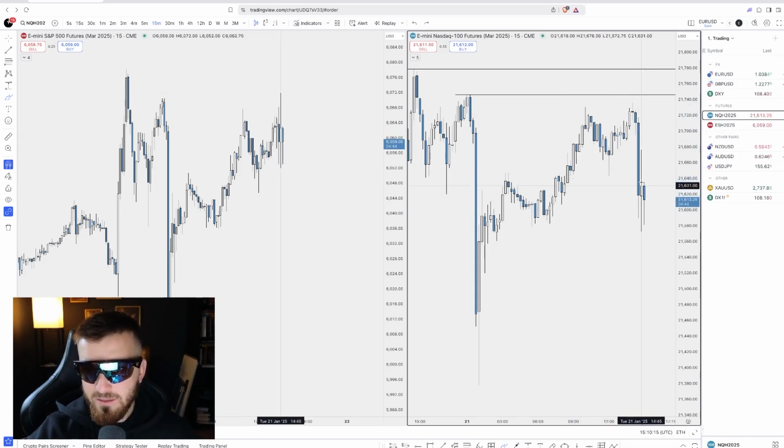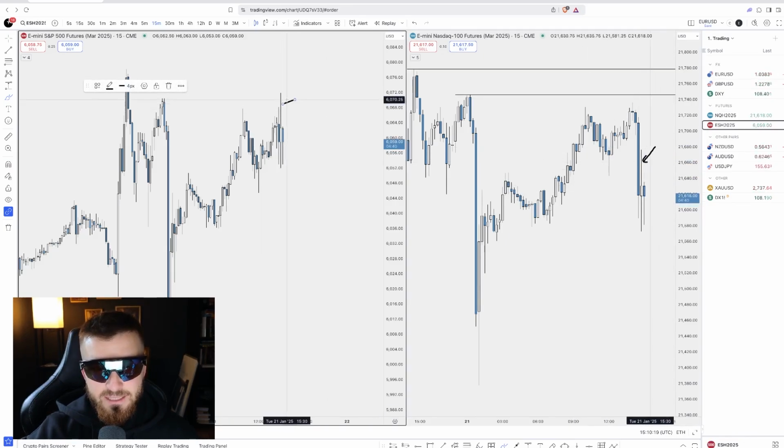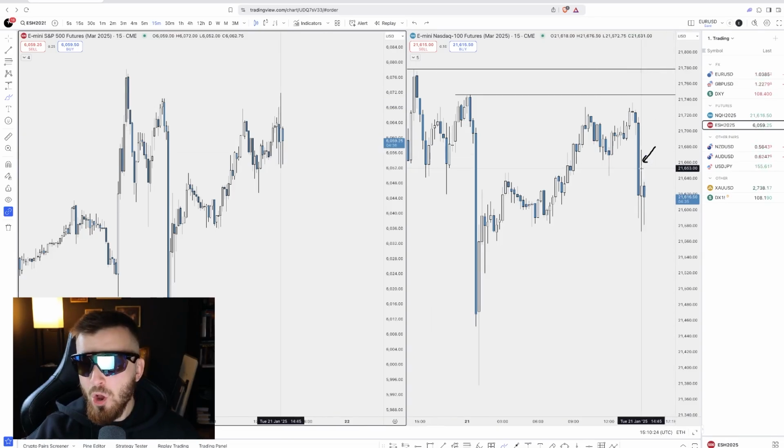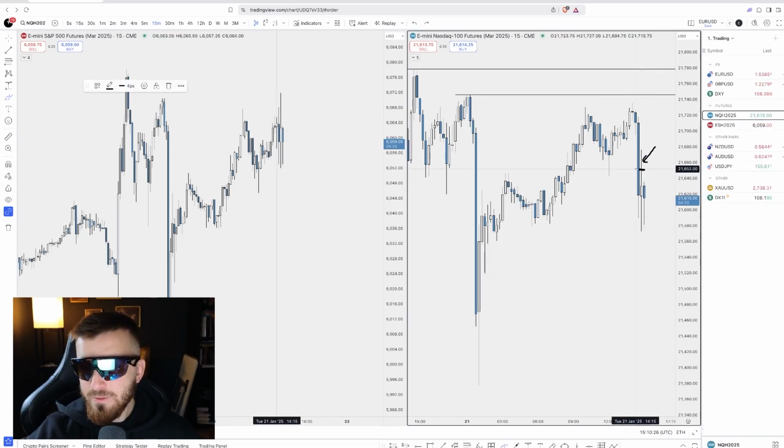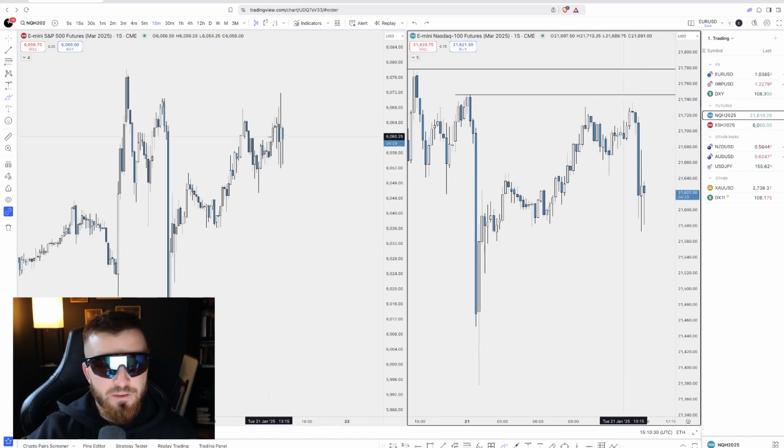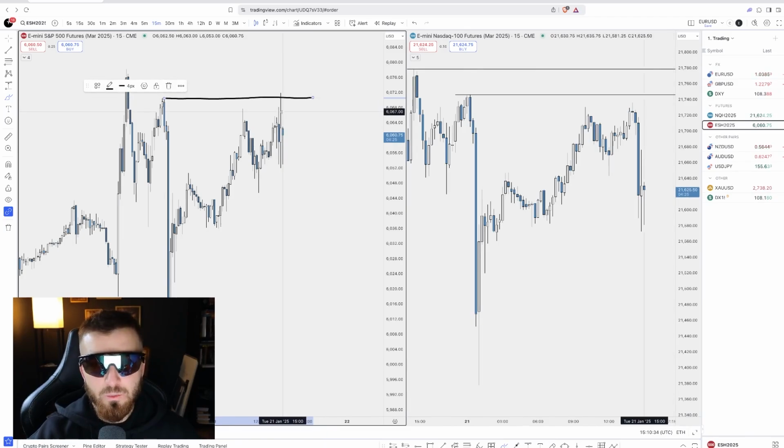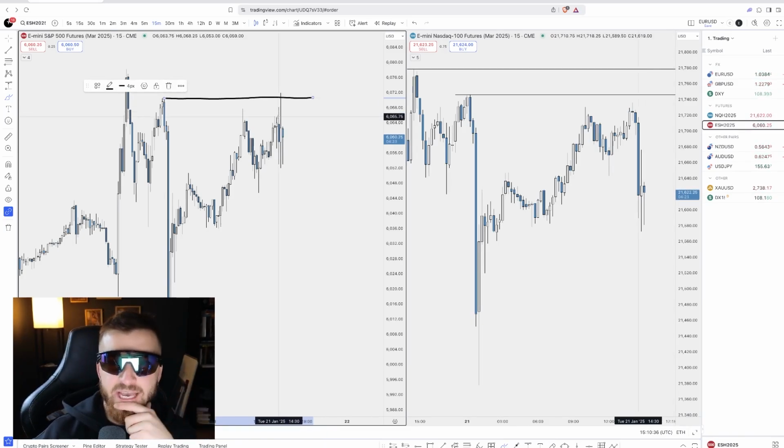This bullish candle on NASDAQ is the same as this bullish candle on the S&P 500. So if you longed NASDAQ, you would not even have gotten to the high, while if you longed ES, meaning S&P 500, and your target was this high, you would have taken profits.